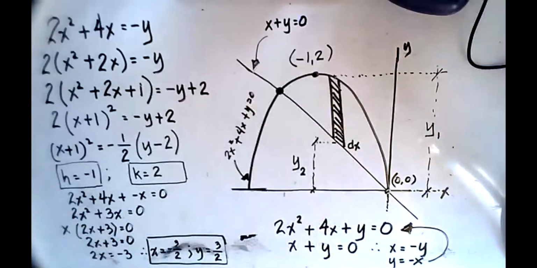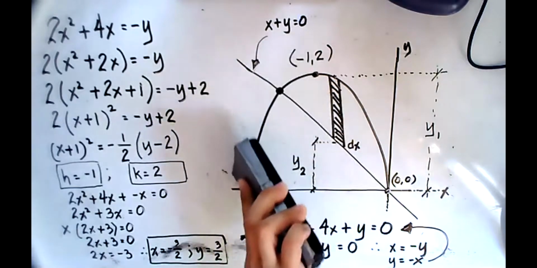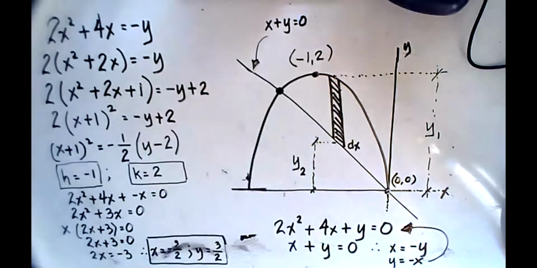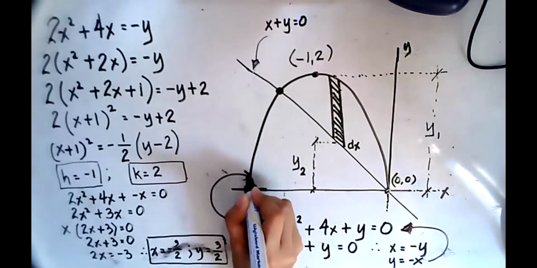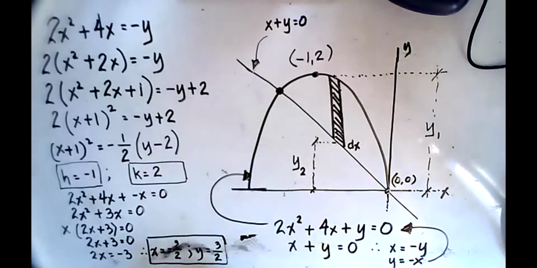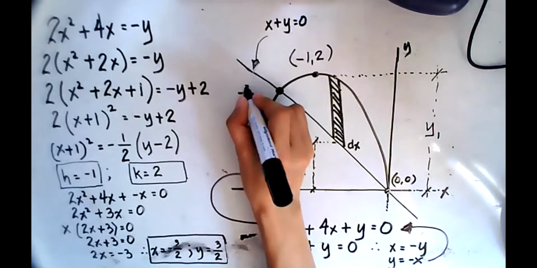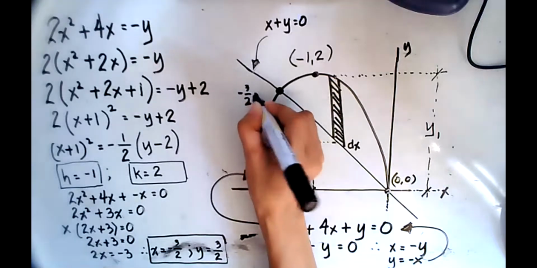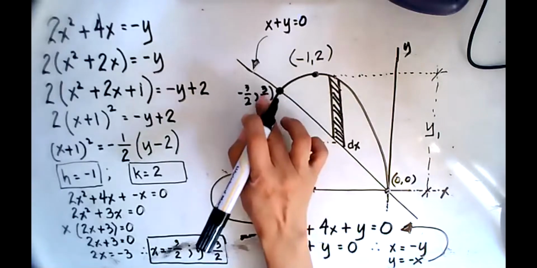So let me just erase this one para mas malinaw. Lagay natin doon sa kabilang side. Lipat na lang natin. Okay. So if this is the line, then we have negative 3 halves for x. And then, of course, you have positive 3 halves for y.